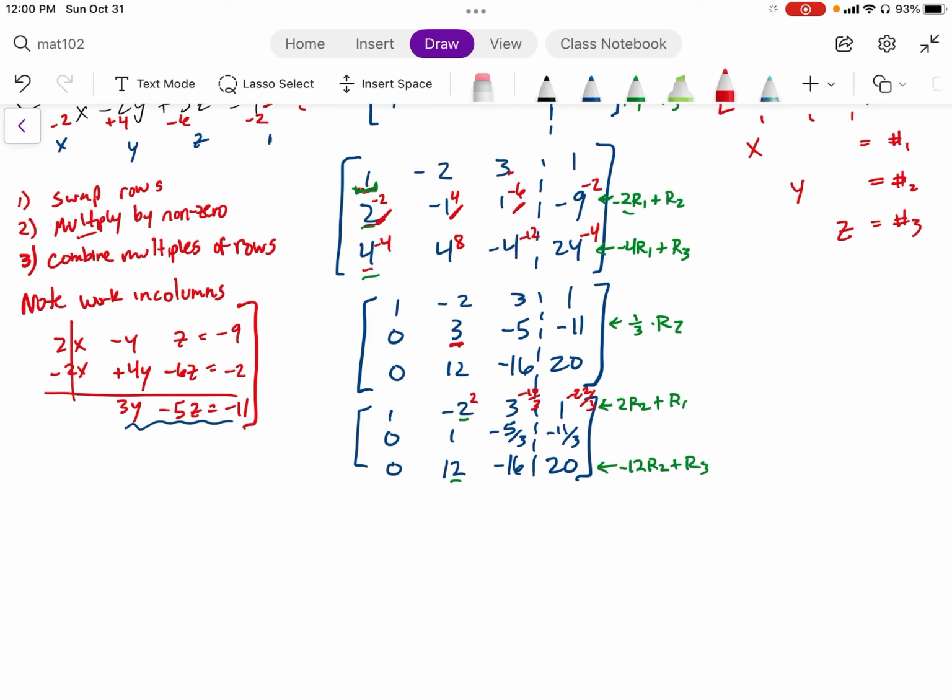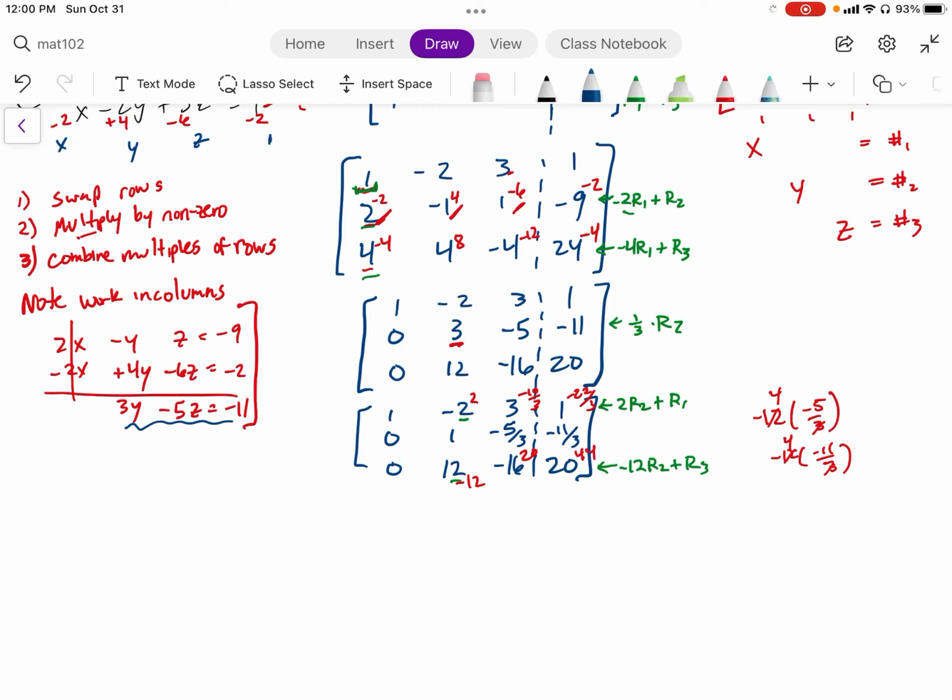Negative 12 times row 2, so negative 12. Well, the good news here, we do get some fractions to cancel. I'm going to write this off to the side. So we get negative 4 times negative 5 is 20. I like that. And then negative 12 times 11/3, we can cancel, and we get positive 44.